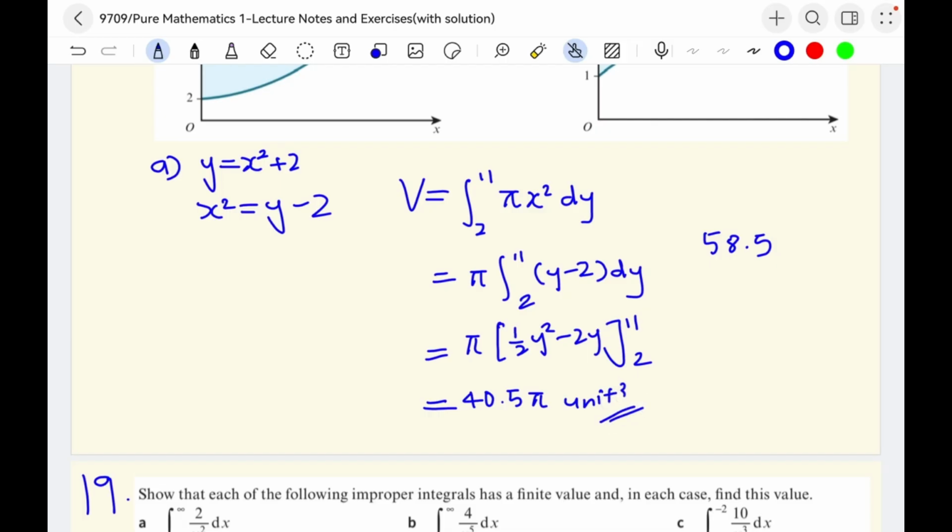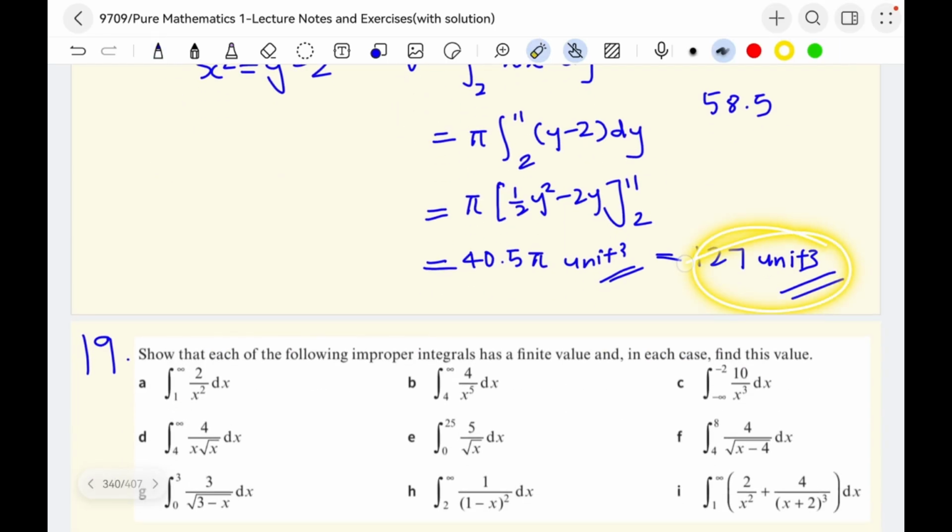But if you want to calculate it until it becomes a decimal form, please do so, but make sure you follow the standard procedures for non-exact value answers, the rules that you should obey. It's 127 only, like this, because we have to obey that your answer in non-exact form is 3 significant figures only. So that's the final answer.